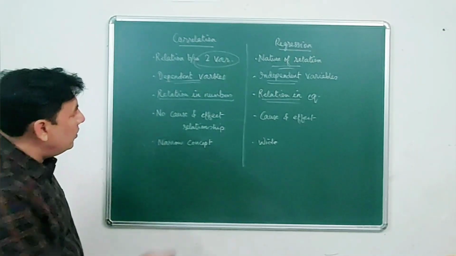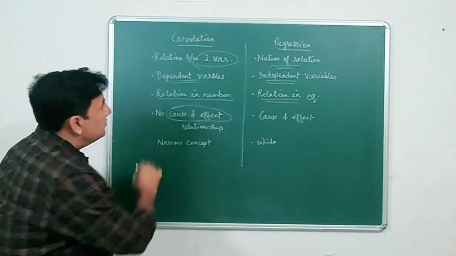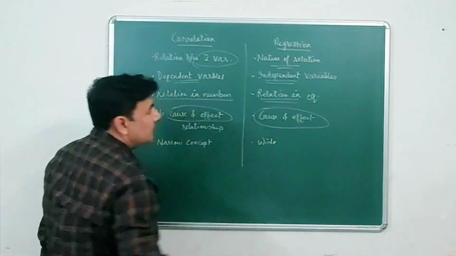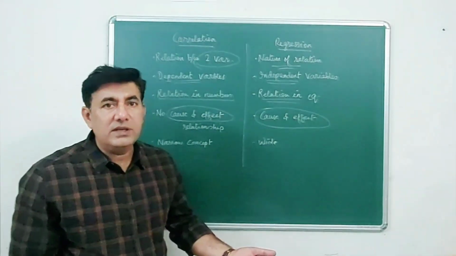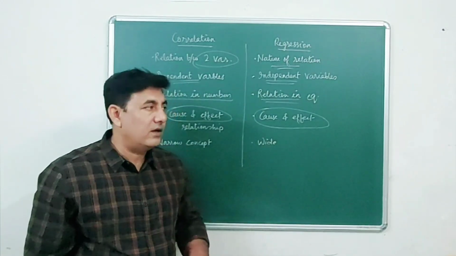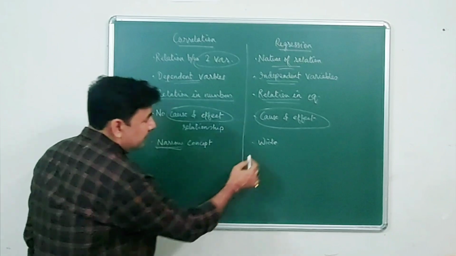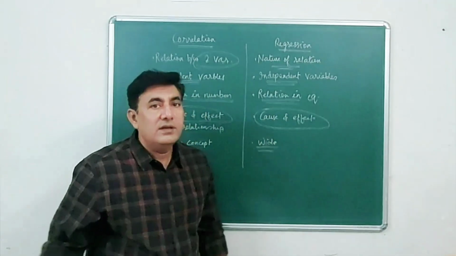And there is no cause and effect relationship in correlation, but here there is a relationship of cause and effect. What is the cause and what is the effect or result? And correlation generally it's a narrow concept, and regression is a very wide.